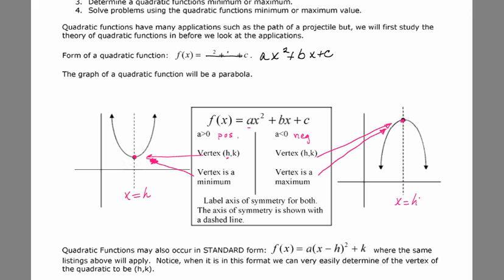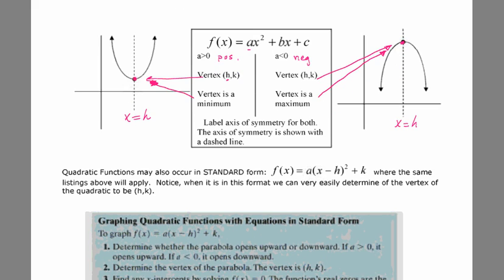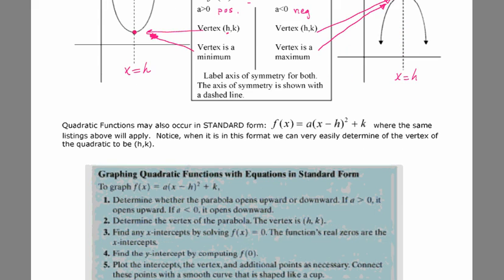So our quadratic can come in two formats. The one we mentioned here, or the one we're more familiar with from the previous sections when we did some translations and transformations of functions, is this a times x minus h squared plus k. This is the standard form, but all the listings above are still going to apply. If a is less than 0, it opens down.